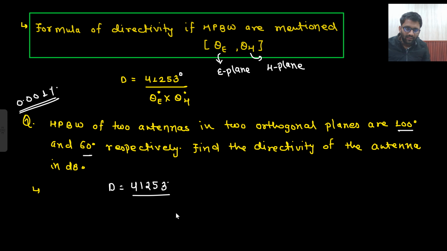So theta E is 100 degrees and theta H is 60 degrees. So what are you getting? 41253 divided by 100 divided by 60. Okay, so you are getting 6.8755.